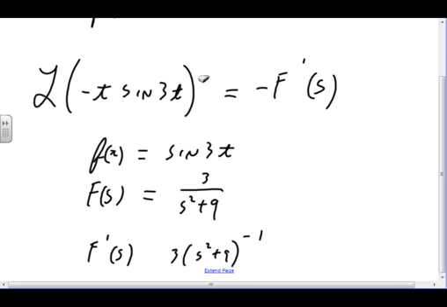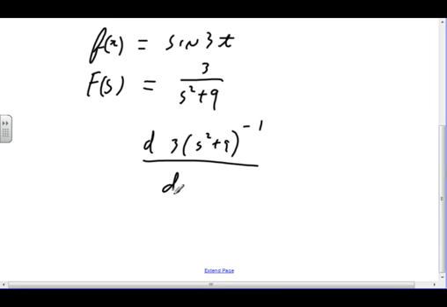All right. And then I'll worry about that minus sign later. So I'm going to take the derivative of this with respect to s. Okay, so I'm going to bring the minus 1 in front, 3 times s squared plus 9 to the minus 2. The derivative of the inside is 2s.